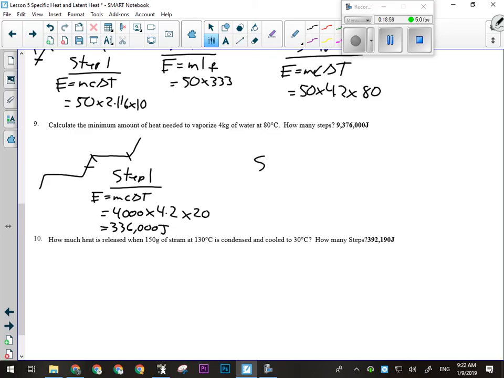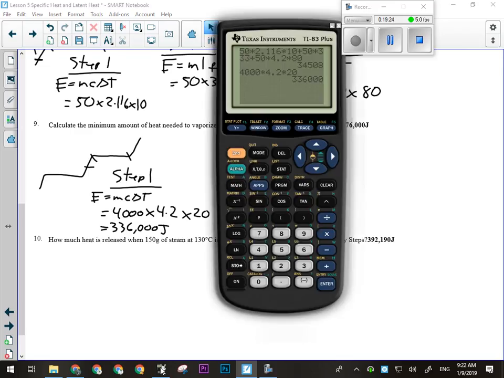All right, so for step 2, now I've got the water to 100 degrees, so it's going to start to boil off. When it's boiling off, its temperature doesn't change, so I have to use E equals MLV because I'm vaporizing the water in this step. I take the mass, 4,000 grams, and multiply it by the latent heat of vaporization, 2,260 joules per gram.